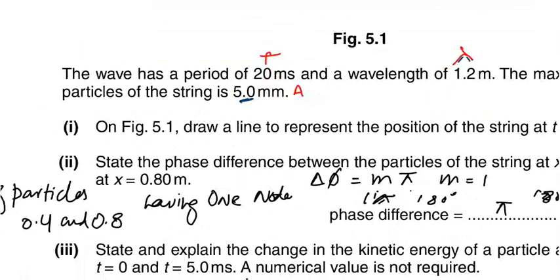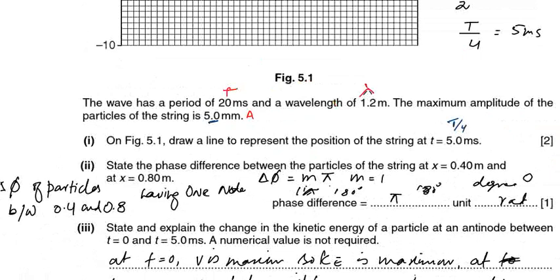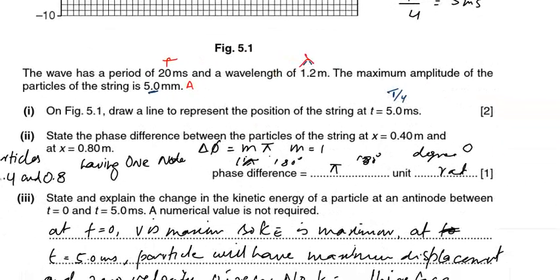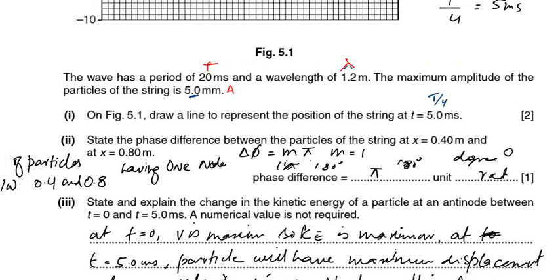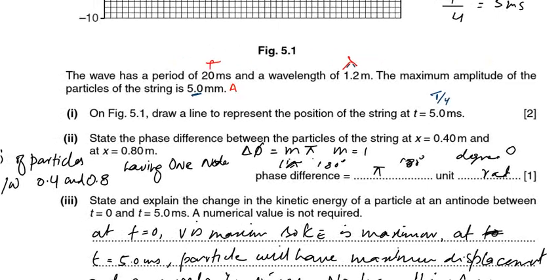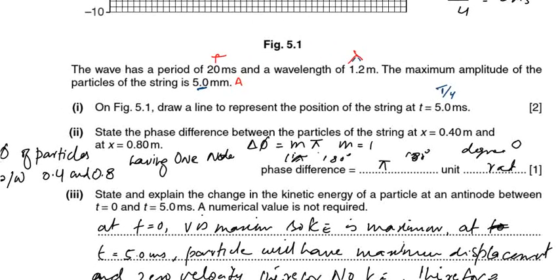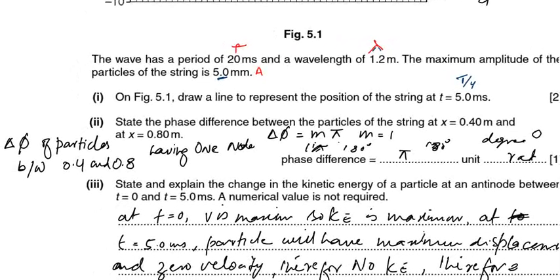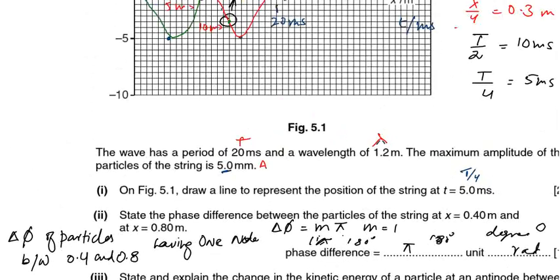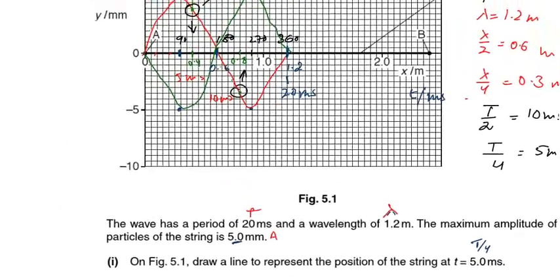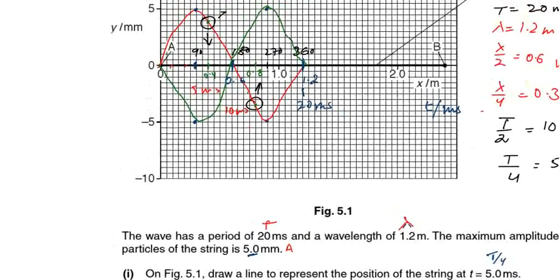check another point. State the phase difference between the two particles of the string at x equals 0.4 meter and 0.8 meter. So if we check from the graph, we marked here 0.4 and here 0.8, and they are the adjacent particles of a node right here.